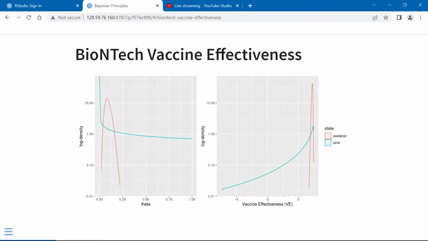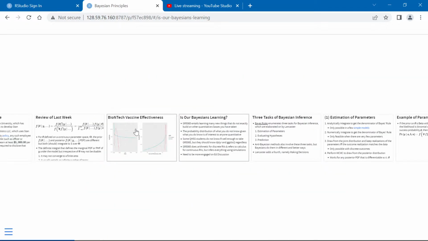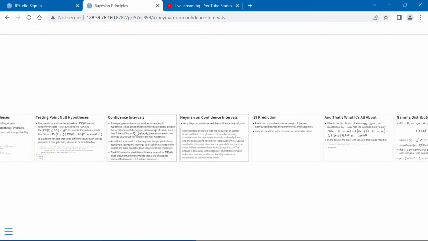So the one most likely value is lower than the average value. And so if we condition on one point, that's more optimistic than what theta is on average.